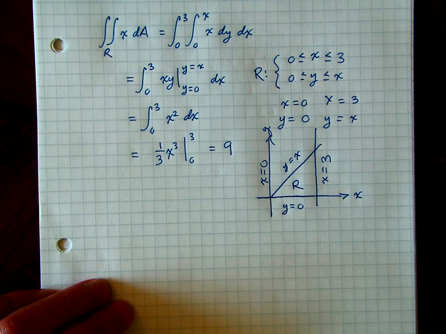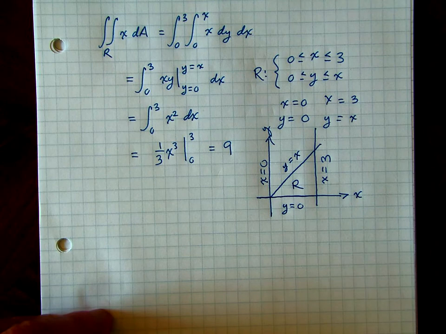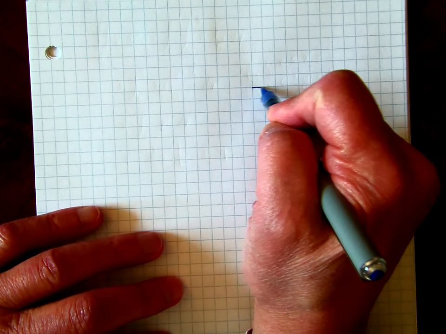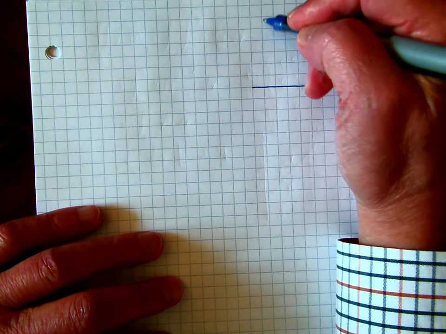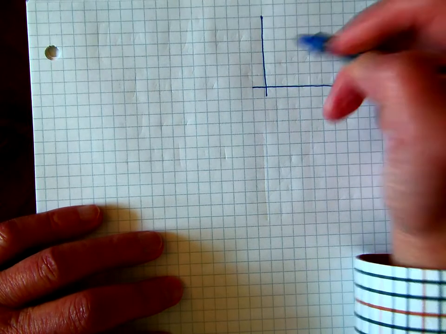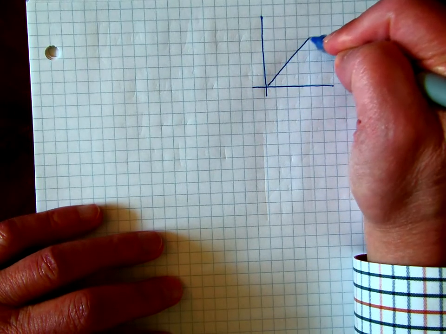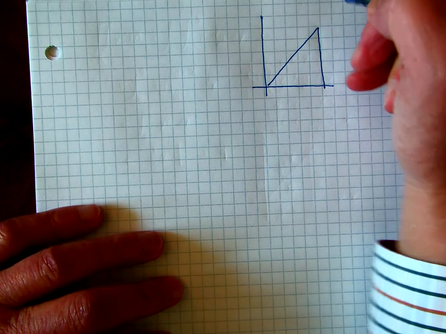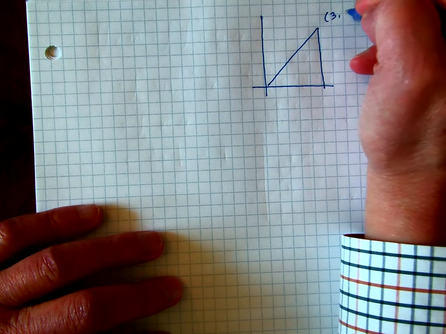Let's do this all over again, but this time, let's start with the triangle. So I'll just draw it again. But I've decided I'm going to do something different, okay? We know that this is the point (3,3), right?